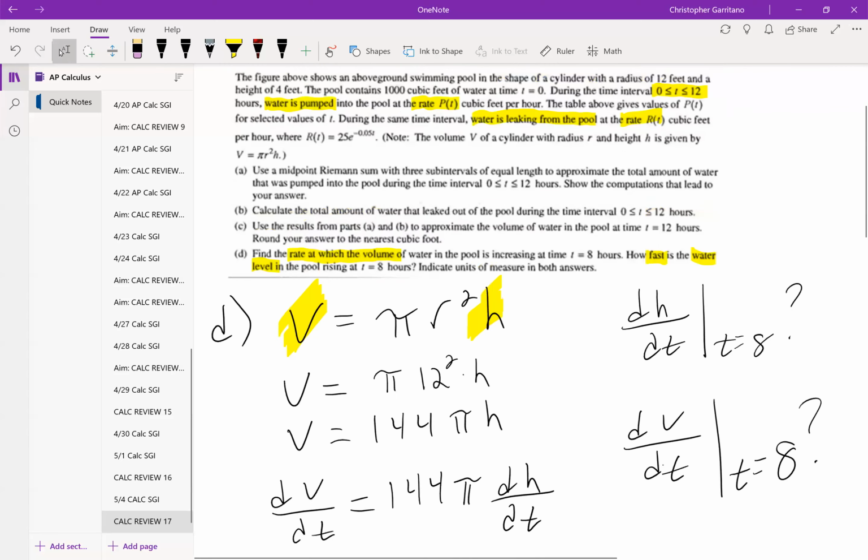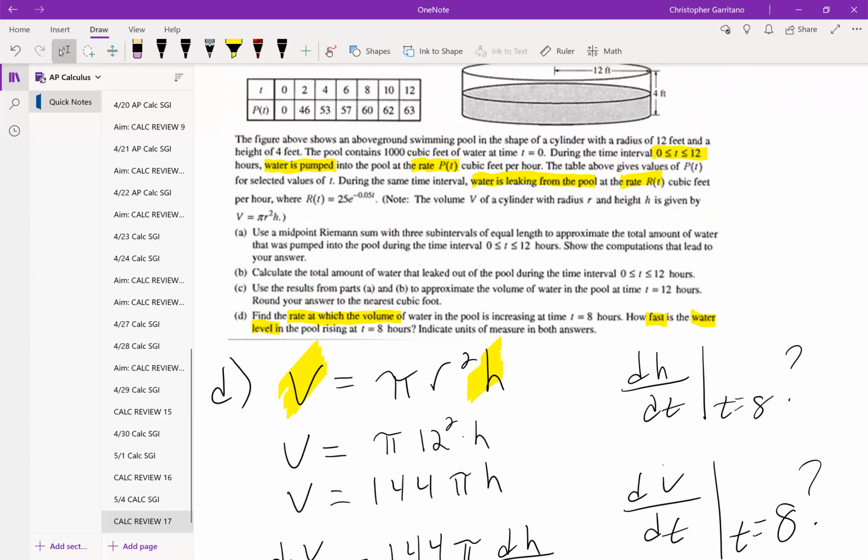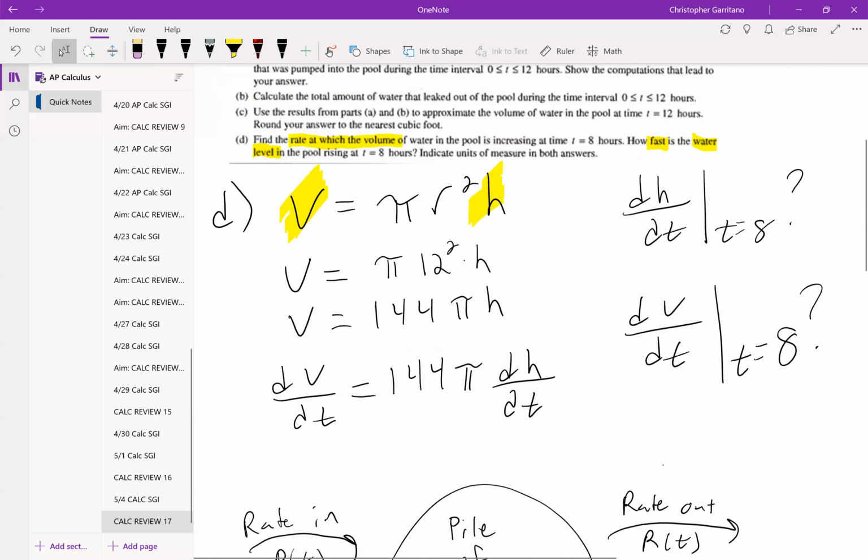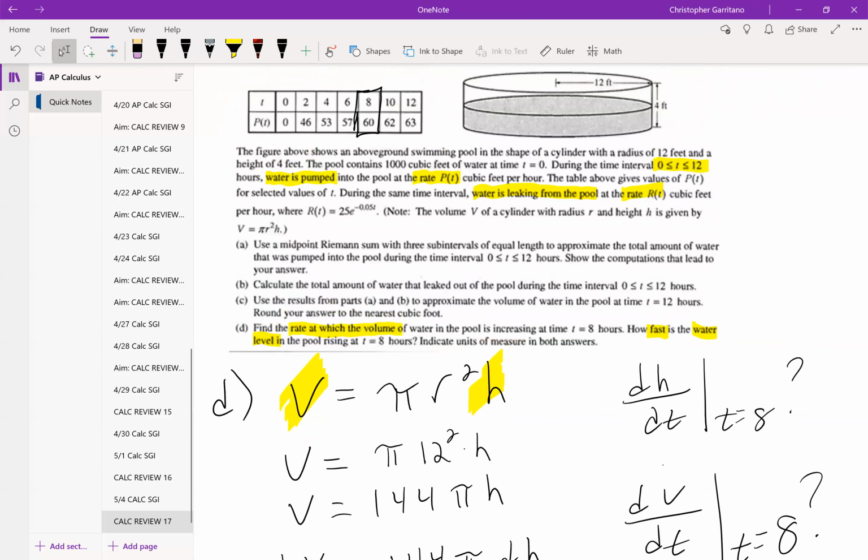All right, and that's the calculator problem. So we just plug 8 into our calculator for these two functions. P of 8 is given in the table, but R of 8, we would use our calculator, and we would get dV dt. So I'm just going to pause it and calculate those numbers. Give me one moment.